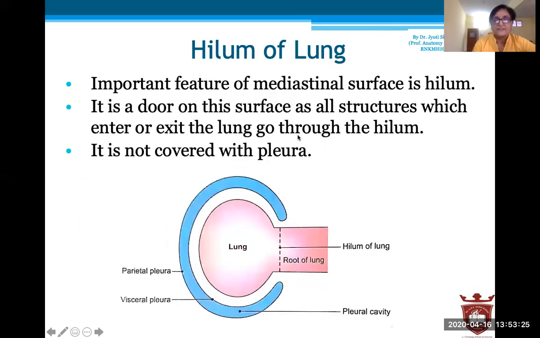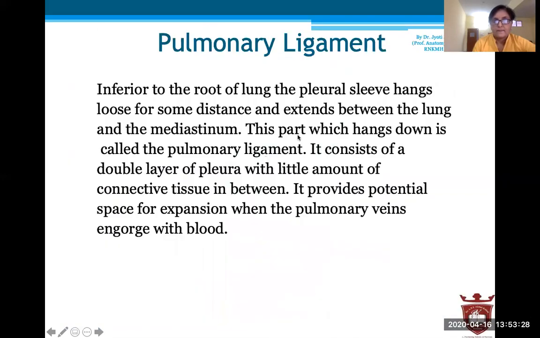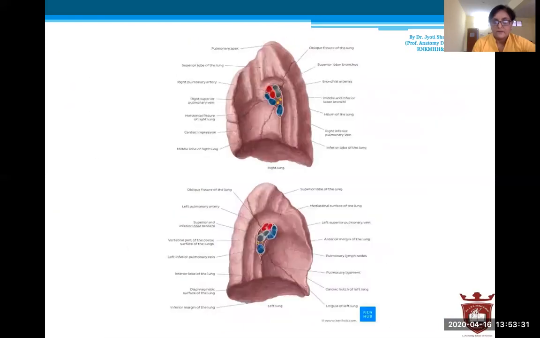The vertebral part is related to the vertebral bodies, intervertebral disc, and the sympathetic trunk, lesser and greater splanchnic nerves, and this is the mediastinal surface having the apex, the inferior border, anterior border, and this is the ridge which divides the mediastinal and vertebral surfaces. This is the groove for the esophagus in the right lung, and this is the groove for the aorta, which is the descending thoracic aorta in the left lung.